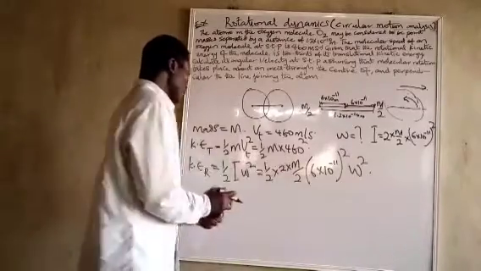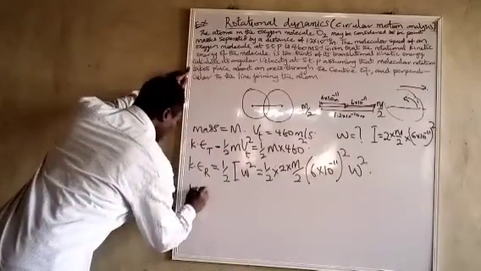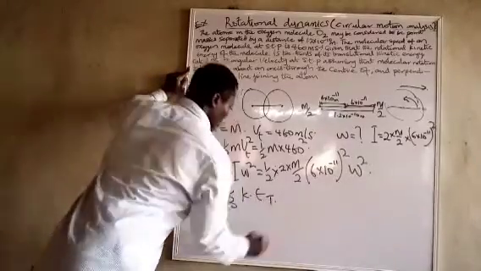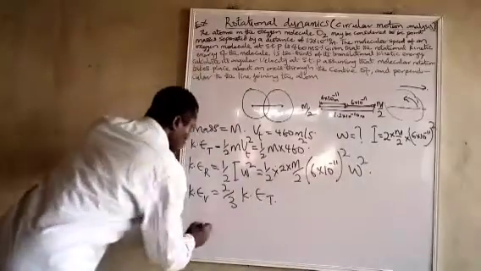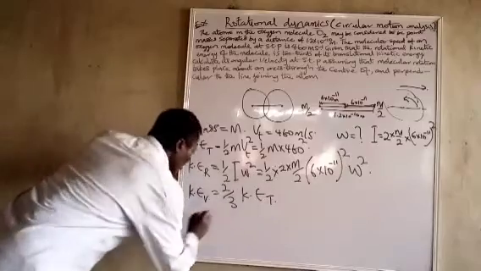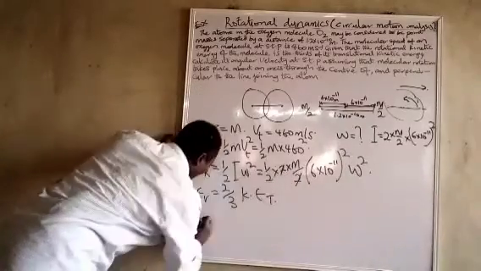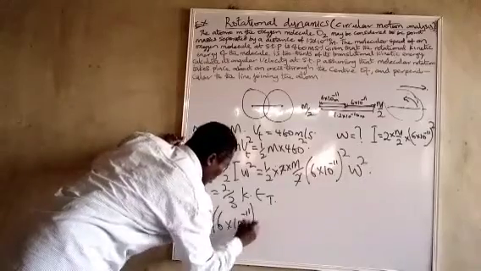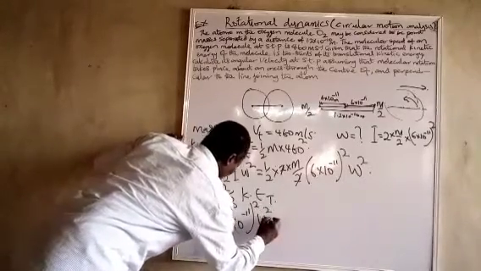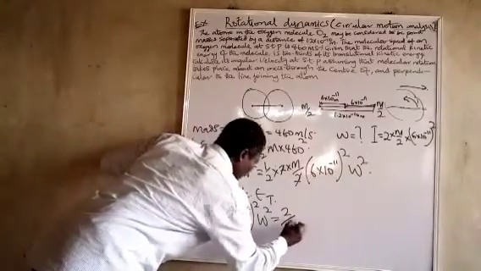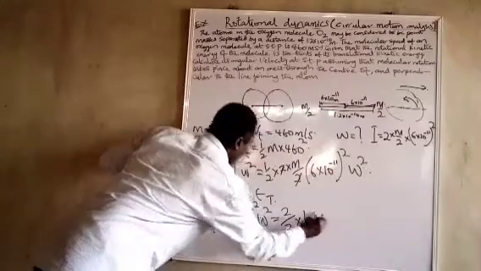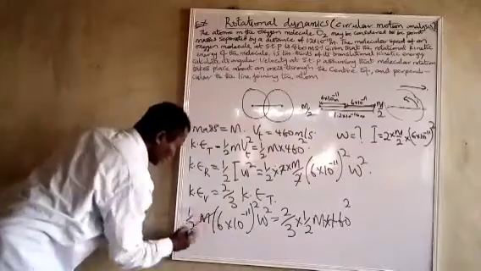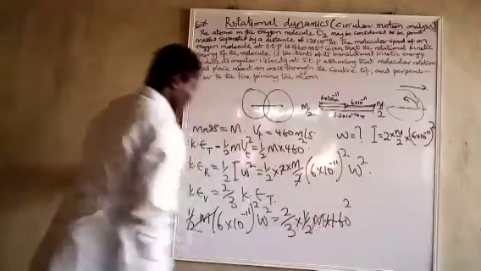So we can say KE rotational is equal to 2/3 KE translational. So with this, we are on the way of solving our problem. So we can say half m into 6 times 10 raised to the power minus 11 all squared omega squared is equal to 2/3 times half m 460 squared. So let's cancel this. This one too will be cancelled.